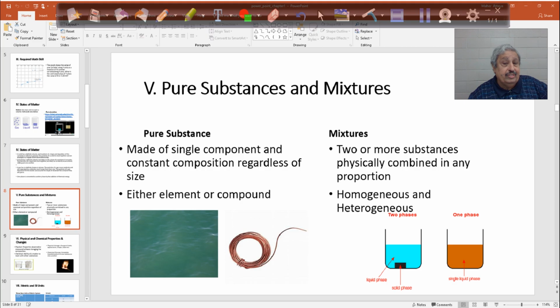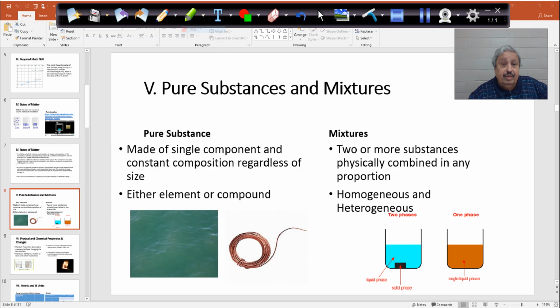And there are some types of the matter itself. We can recognize pure substances and mixtures. So matter, whether solid, liquid, or gas, can be pure substances or mixtures. What's the difference between a pure substance and a mixture? Really, mixtures are made of pure substances.